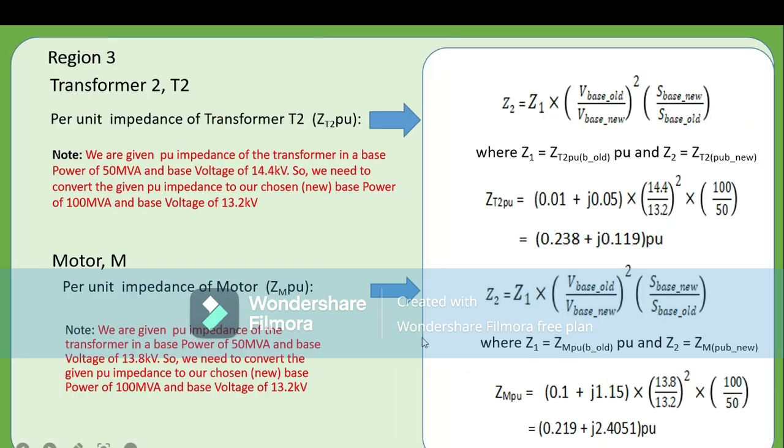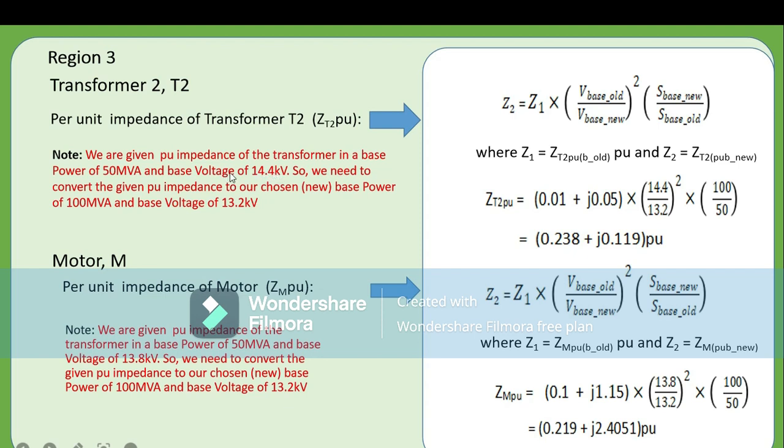Good. Now, what about the transformer T2? After the transmission line, we have the transformer T2, and we notice there is a difference with it. We are given the impedance of the transformer at a base power of 50 MVA and a base voltage of 14.4 kilovolts.